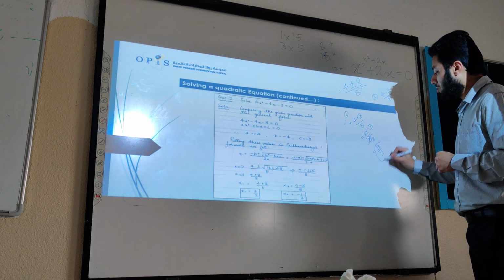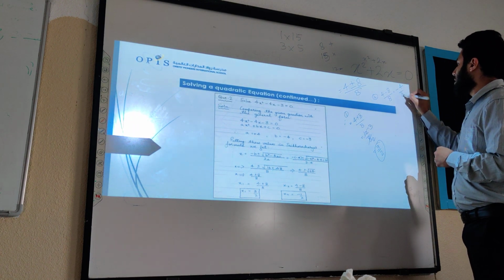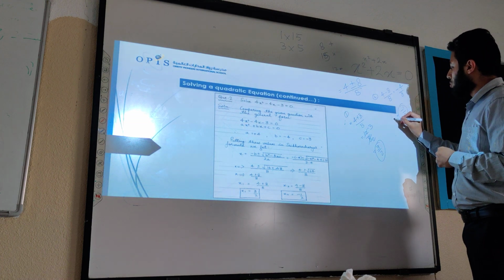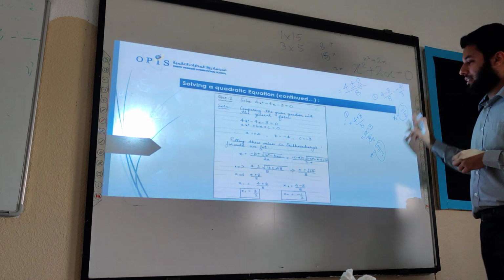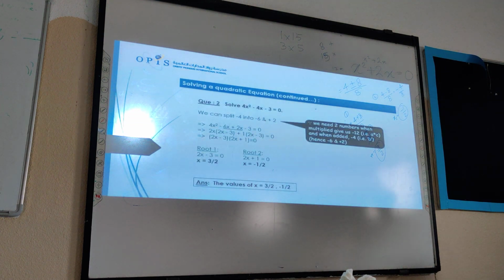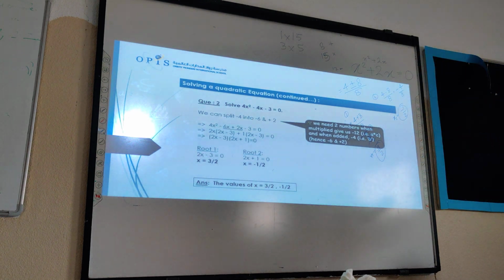This is the first root, and minus 4 by 8 we will get minus 1 by 2. This is the root 2, x2 we can say, x1. So we can see these are the same values which we got in the previous examples: 3 by 2, minus 1 by 2.